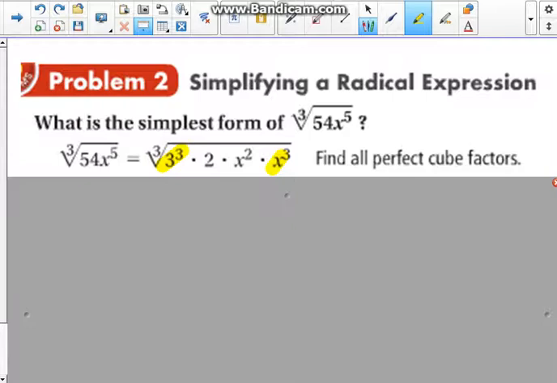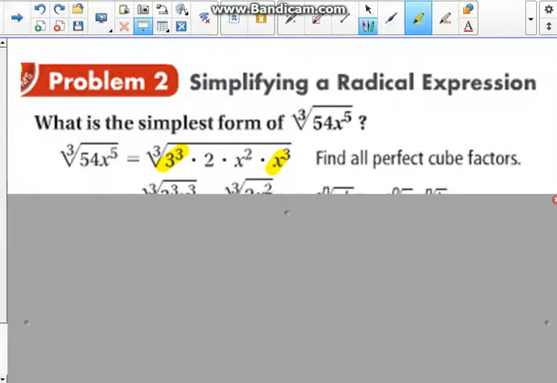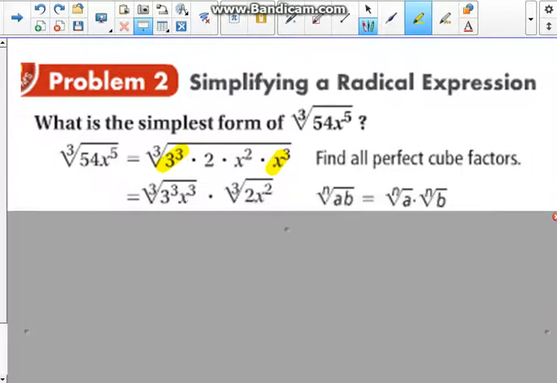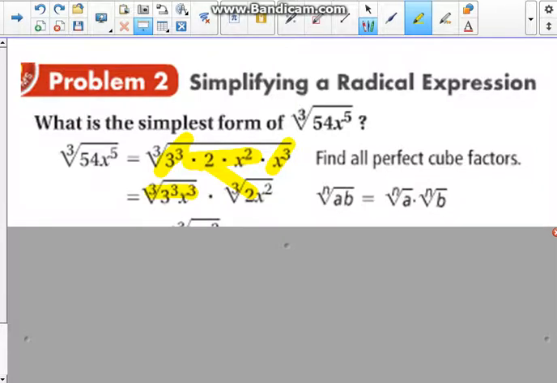Now that we've found all of our perfect cube factors, let's regroup, and we want to group our cubes together. So here are our cubes, the 3 cubed and the x cubed, and then the leftovers, the 2x squared, using our new property.